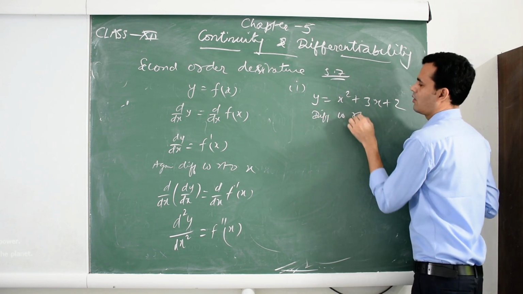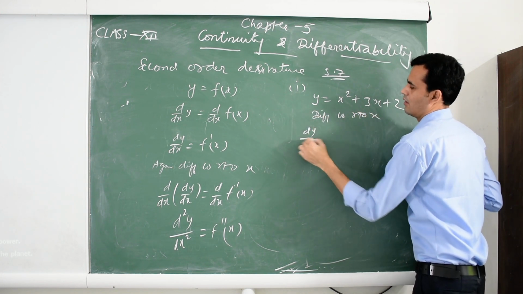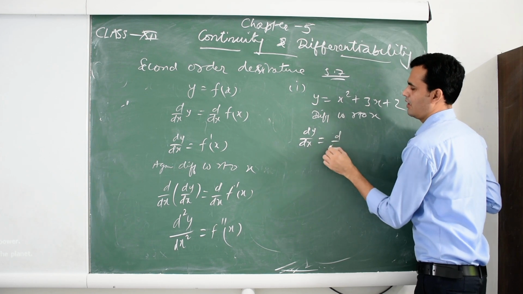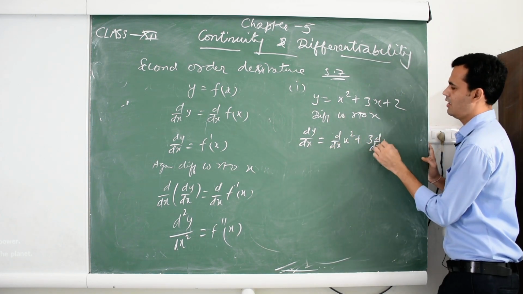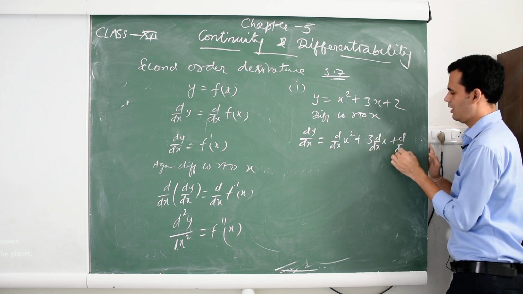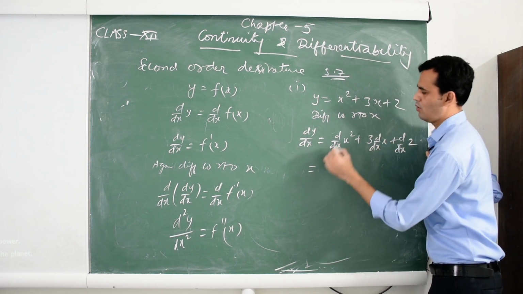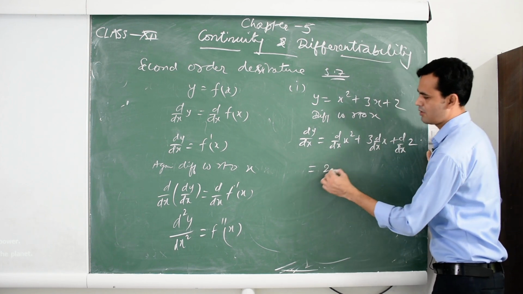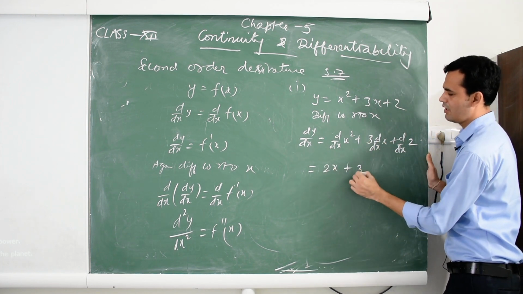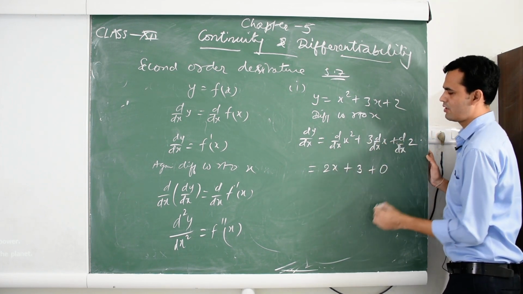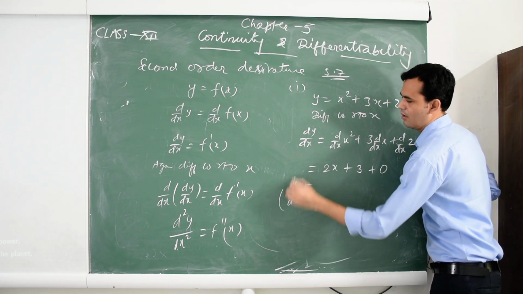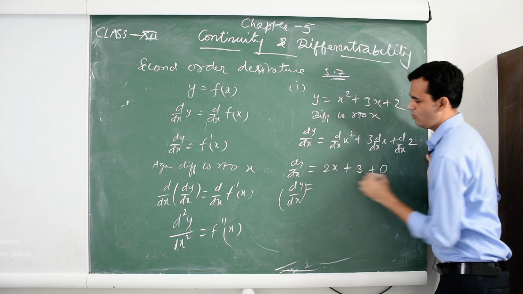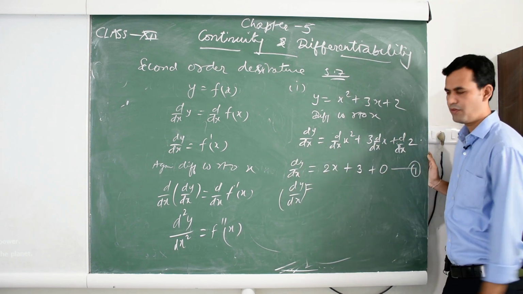So dy by dx equals d by dx of x square plus 3 d by dx of x plus d by dx of 2. So d by dx of x square is 2x, d by dx of 3x is 3, and d by dx of a constant is 0. So dy by dx equals this. This is the first differentiation.